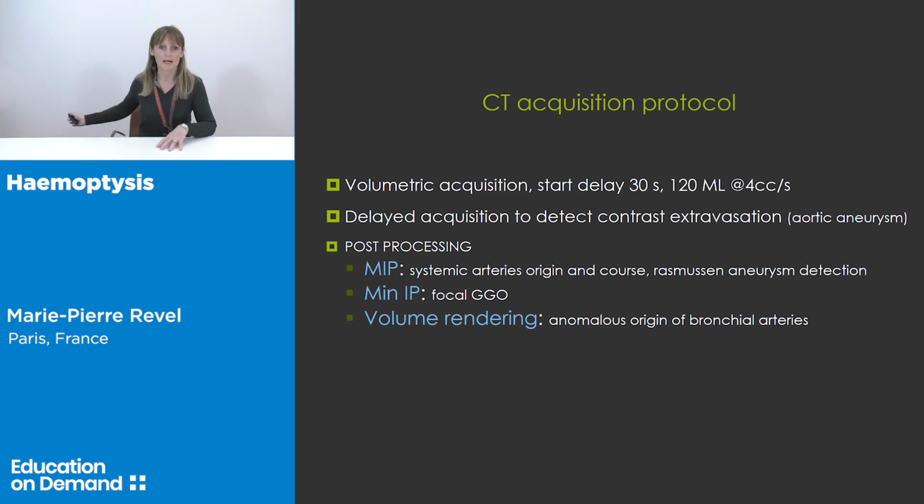MIP for the identification of the systemic arteries origin and course, and the detection of false aneurysms. Minimum intensity projections help the identification of focal ground glass due to bleeding, and volume rendering is interesting to describe the bronchial artery anatomy.